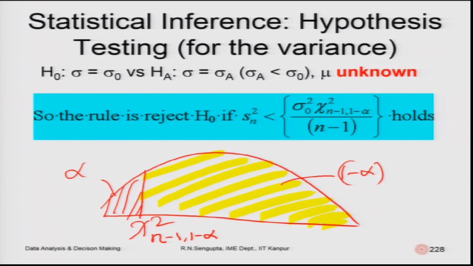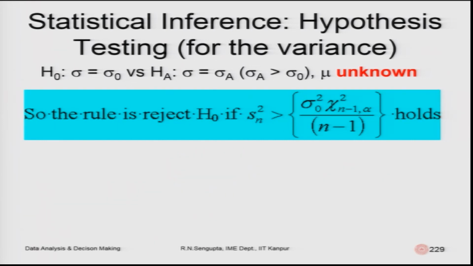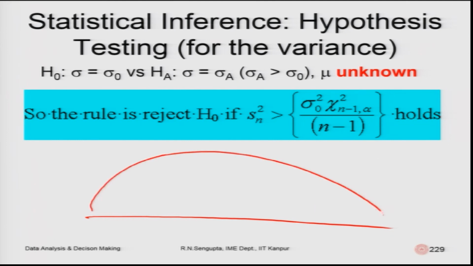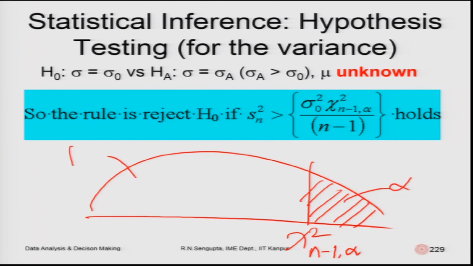So, of the greater than type, what happens, the hypothesis testing is under h naught, sigma is equal to sigma naught, under h a sigma is equal to sigma a, but sigma is greater than sigma naught and mu obviously is unknown. Chi square, so obviously it will be n minus 1 and this will be alpha and this will be 1 minus alpha.